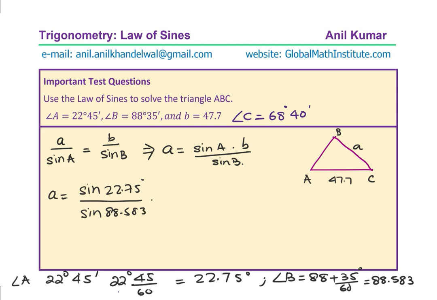Side length b is given to us as 47.7. Let's now find the answer. We have sine of 22.75 divided by sine of 88.583 times 47.7.